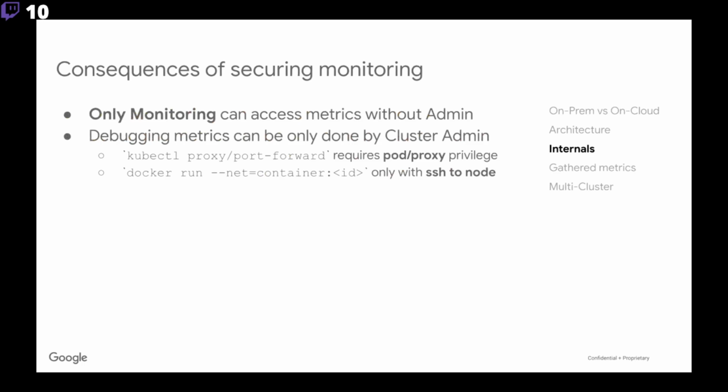And of course, the cluster admin can debug it through port forwarding, as we saw, and they can also go into the actual machine and start a debugging container in the networking namespace of the monitoring pod, for example, and then access the monitoring endpoints from there.